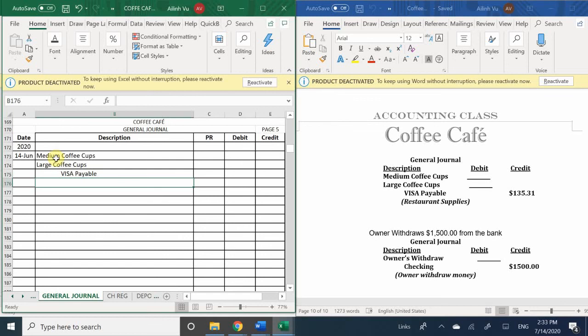That's all we have because that's all the information we were given. We went to restaurant supplies, and I'm going to say we bought 2,000 cups. Okay. So go ahead and look up in the chart of accounts exactly where we place this. What's the account number for medium coffee cups?